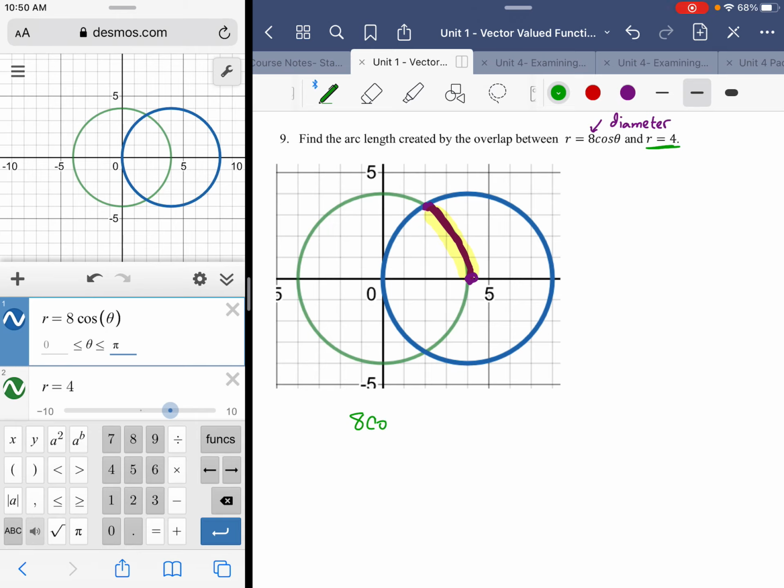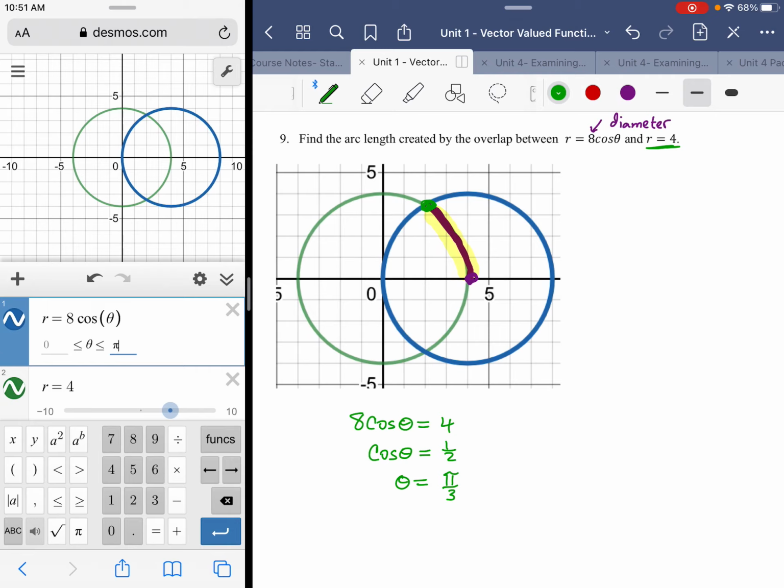8 cosine of theta is going to be equal to 4. That'll get me the intersection right here. So 8 cosine of theta is equal to 4, which means cosine of theta is equal to 1/2. 4 over 8 is 1/2, making theta equal, first quadrant, so we're looking at pi over 3.